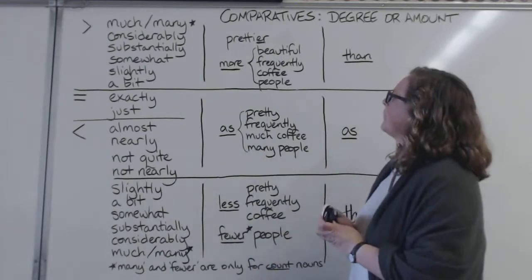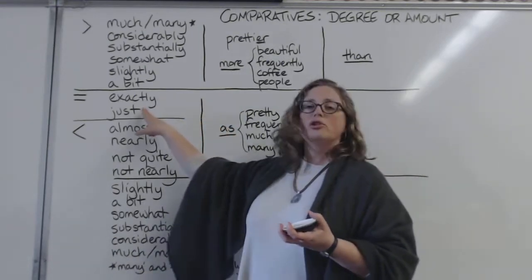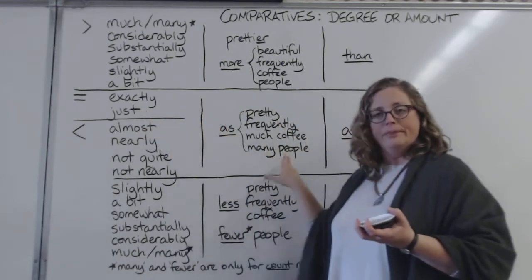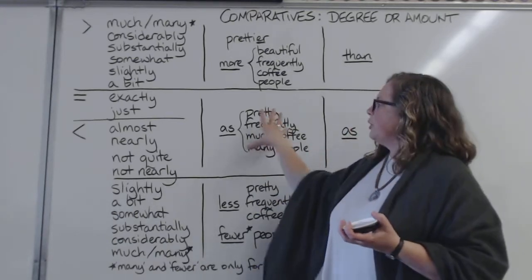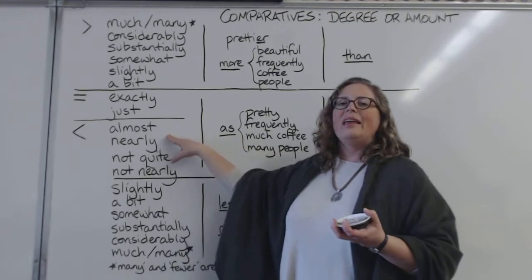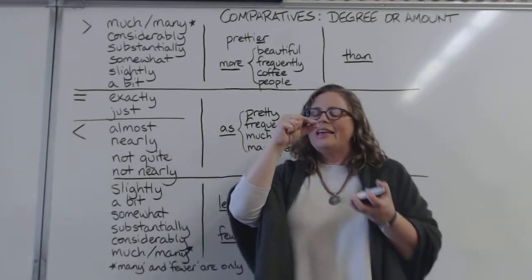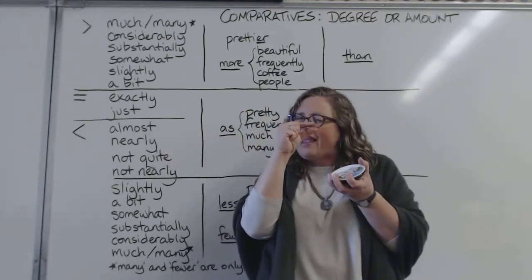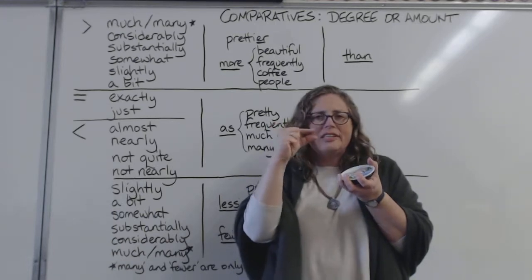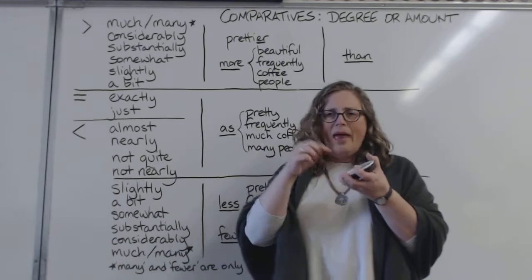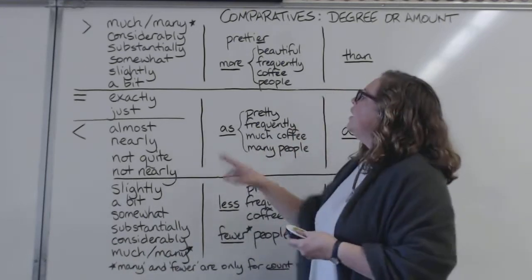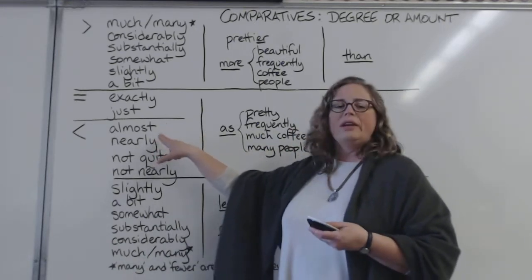You can use exactly or just, as, as, to show the same thing. If you want to say that there is only a small distance from the same and the reality, you would use almost or nearly.